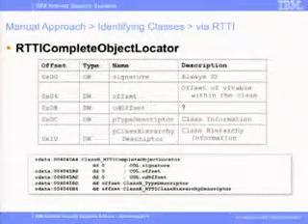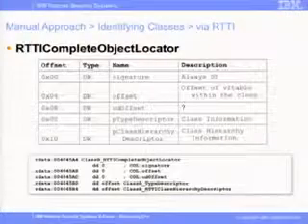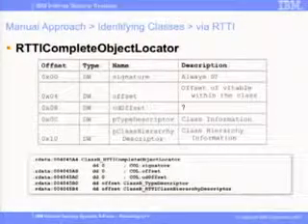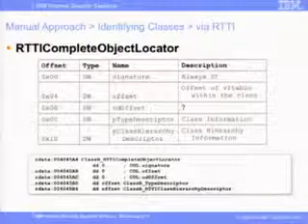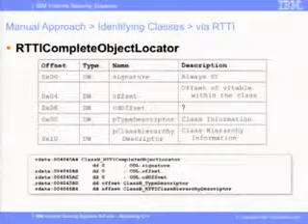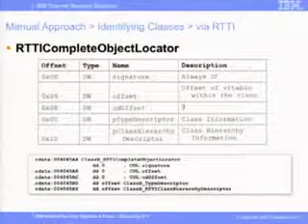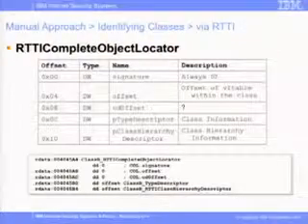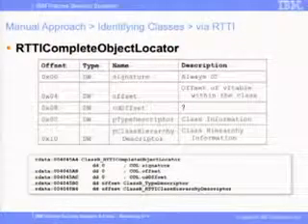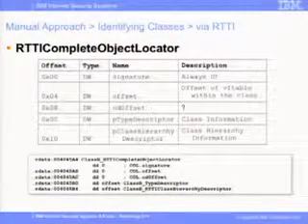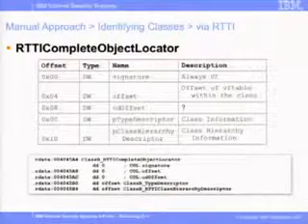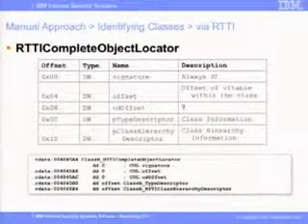This is the data structure of the RTTI complete object locator. At offset C, it contains the type descriptor, which contains the information about the class, and the offset hex 10 contains the class hierarchy information. That is what it looks like in assembly.